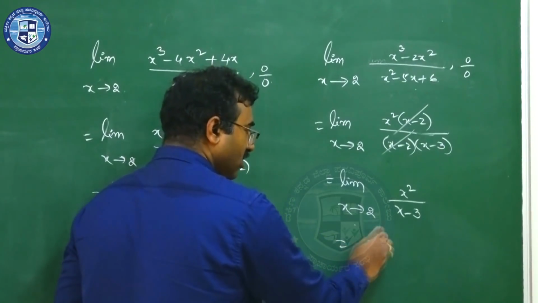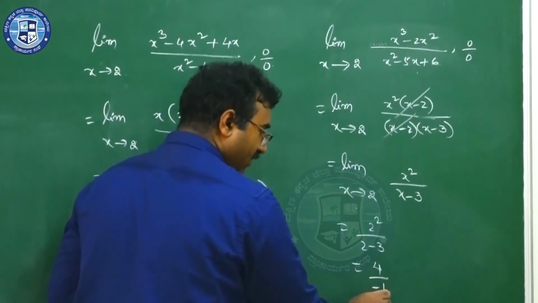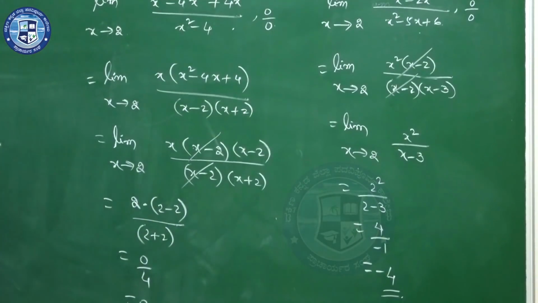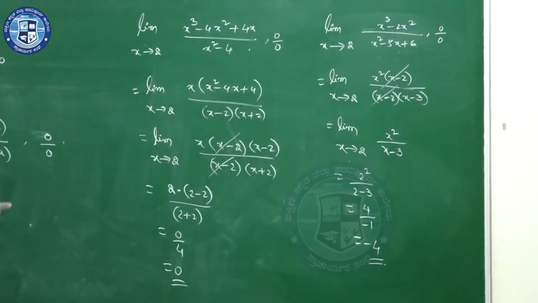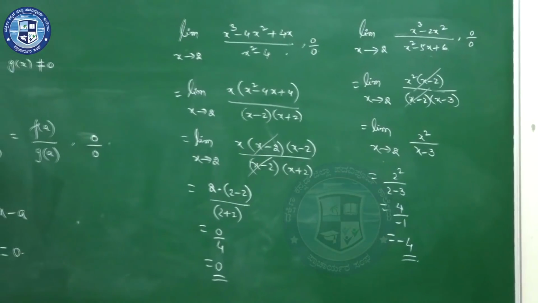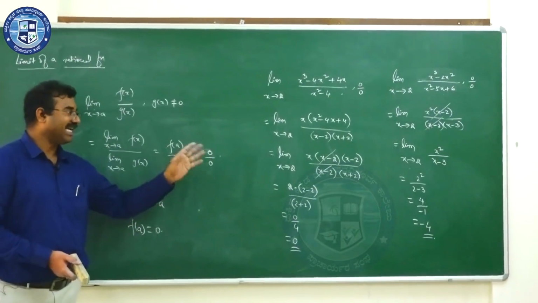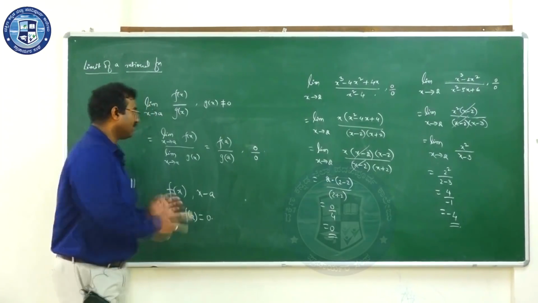So 2 square by 2 minus 3, that means 4 by minus 1, minus 4 we are getting, right? So this is the limit of rational functions. Whenever common factors are there, we identify those common factors, cancel those, and try to evaluate the limit.